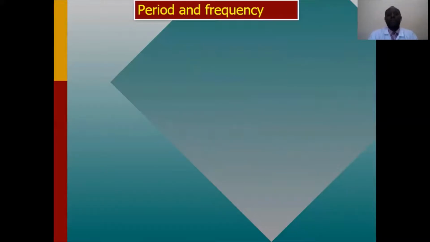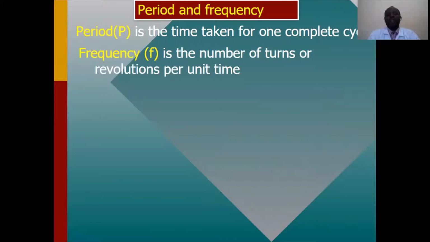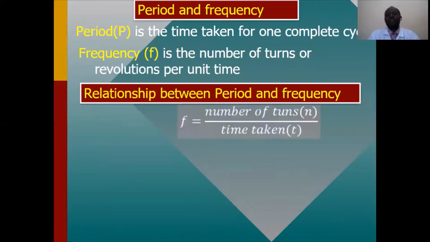Period and frequency. Period is the time taken for one complete cycle, or time taken for one complete turn. Whereas the frequency is the number of turns or the number of revolutions per unit time. The relationship between period and frequency.